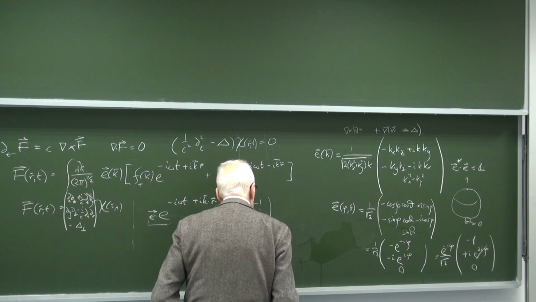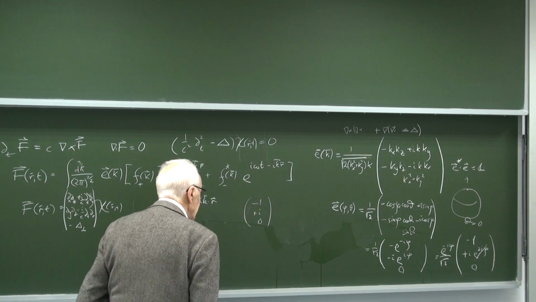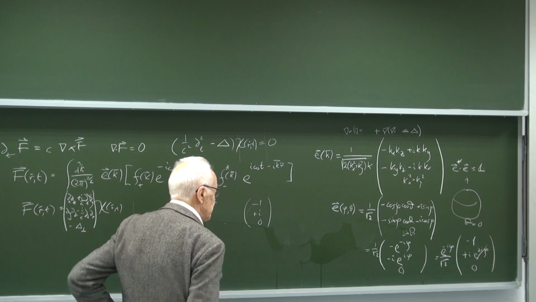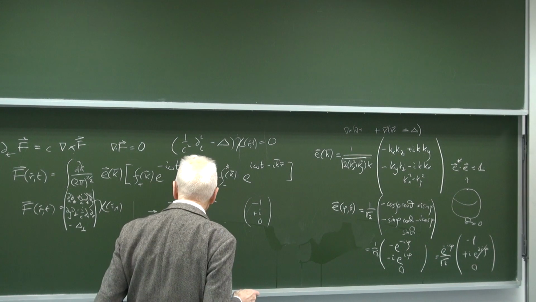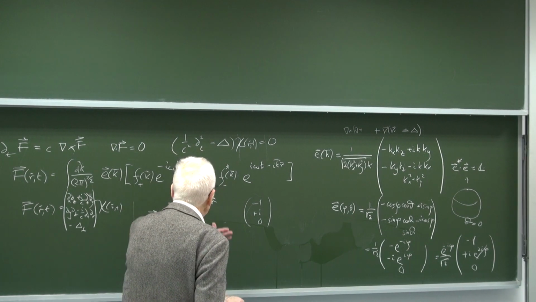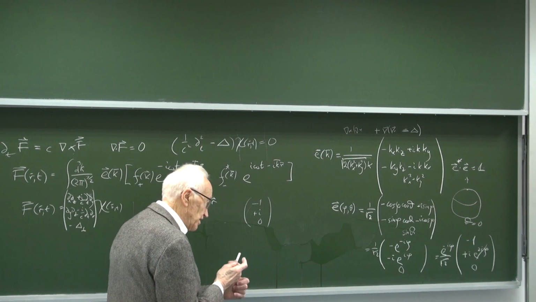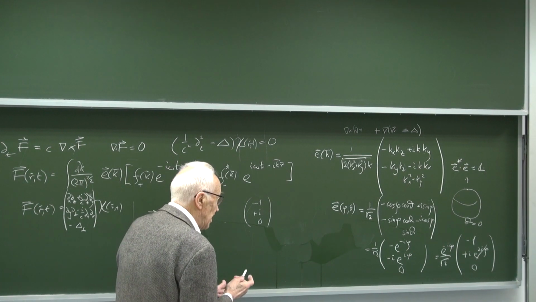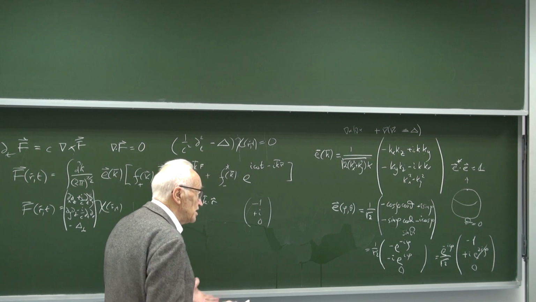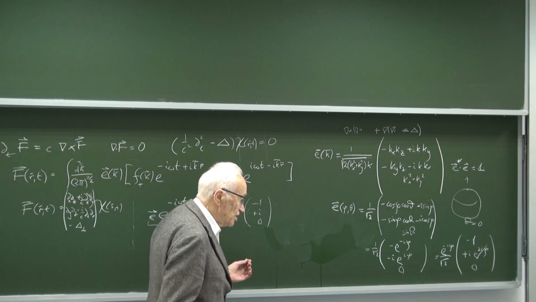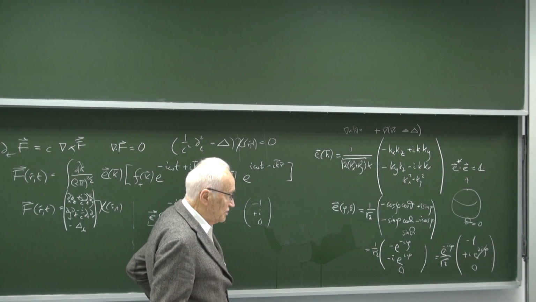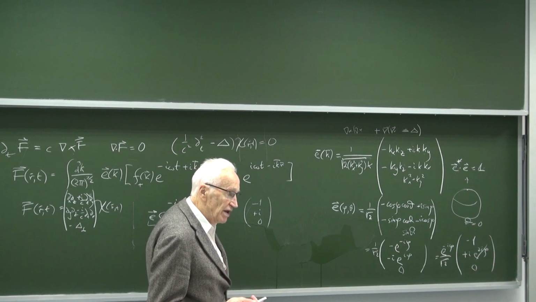And this polarization vector, when you separate F into the real part, the electric field, and the imaginary part, the magnetic field, gives the standard textbook solution in the form of the circularly polarized wave.